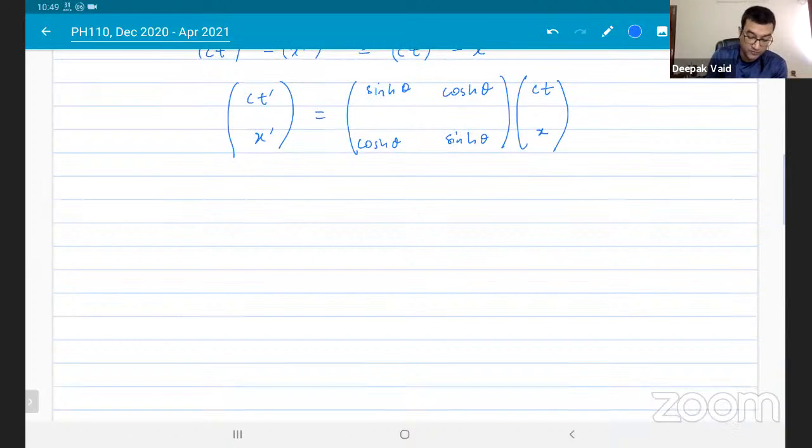Okay, so we can write down finally what are, so instead of sine and cosine, I'll just exchange these and write this as ct prime. So cosh theta, sinh theta.